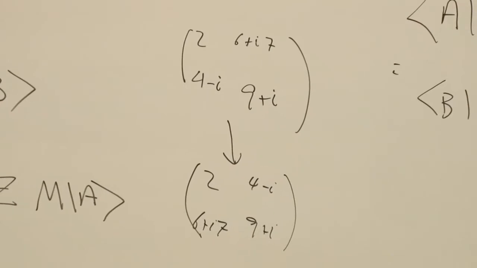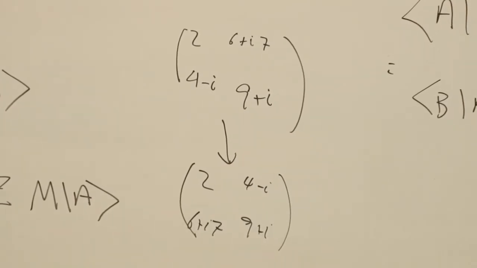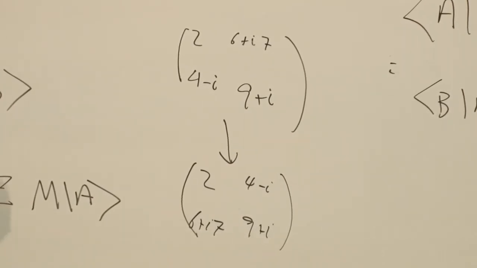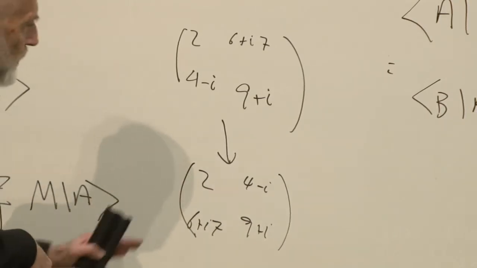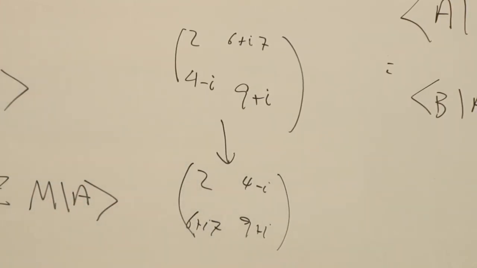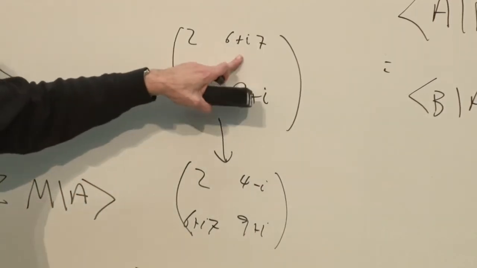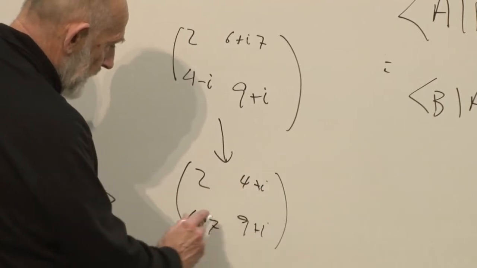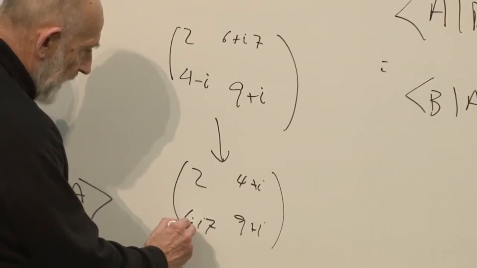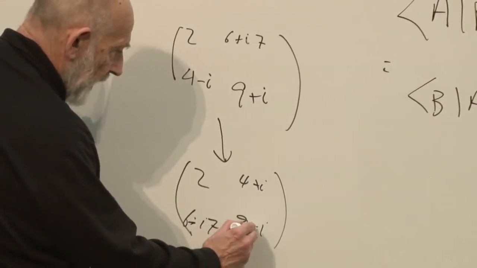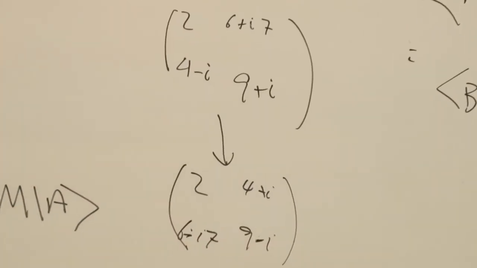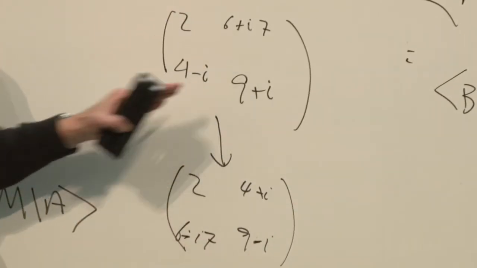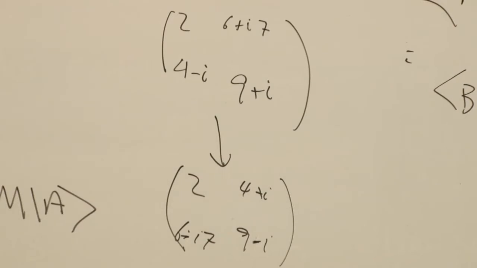What is that process of flipping it called? Transpose. So flipping it is a transpose, but then you have to complex conjugate it. Complex conjugating just means wherever you see I, put minus I. So this becomes 4 plus I, 1 minus 7I, and 9 minus I. And that's the matrix that represents the Hermitian conjugate of the original matrix.